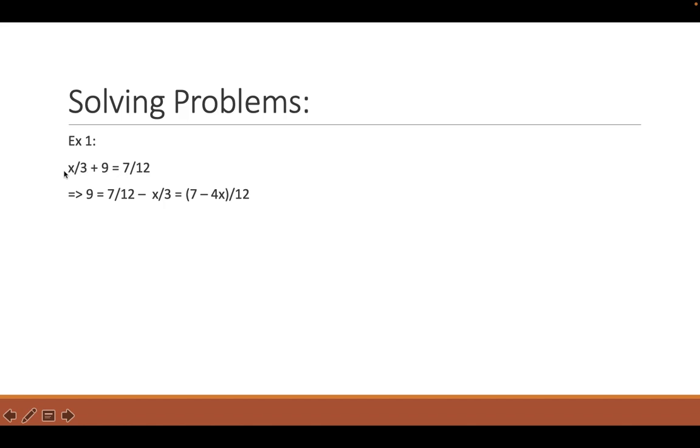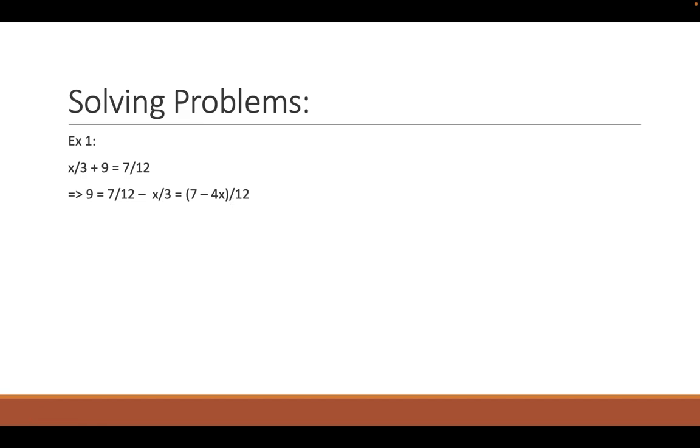So in order to find out this variable, we move all numeric ones to one side, and we will see whether we can find out the value of the variable. So that's what it is doing, keeping 9 this side and taking it there, and then trying to solve the equation. So now if you move on forward, it's just saying x by 3 equal to 7 minus 4x by 12.